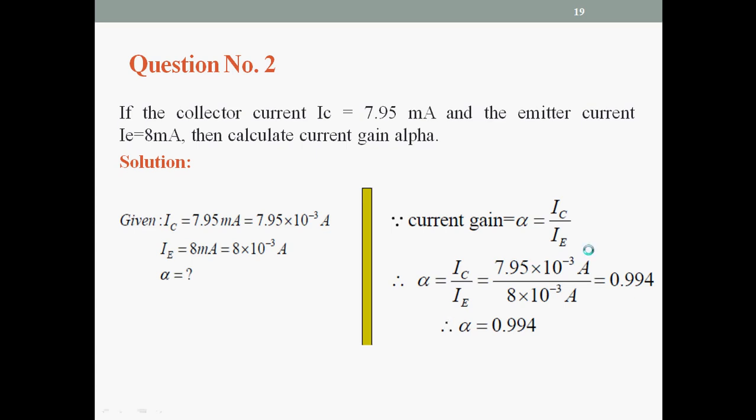Find the alpha. Alpha is the current gain, which is the ratio of IC to IE. So alpha is equal to 7.95 into 10 raised to minus 3 ampere divided by IE 8 into 10 raised to minus 3 ampere, which is 0.994.